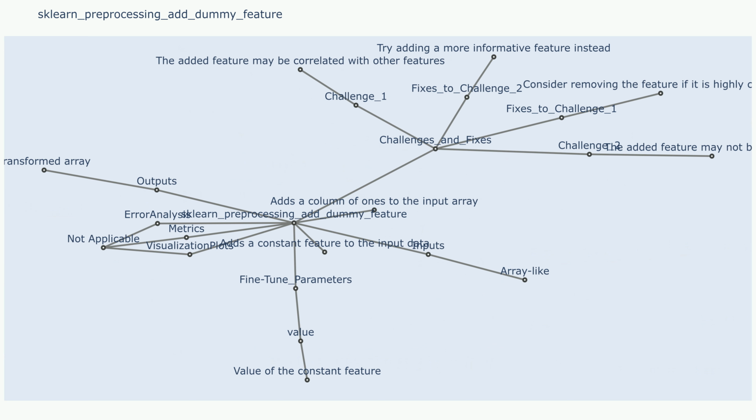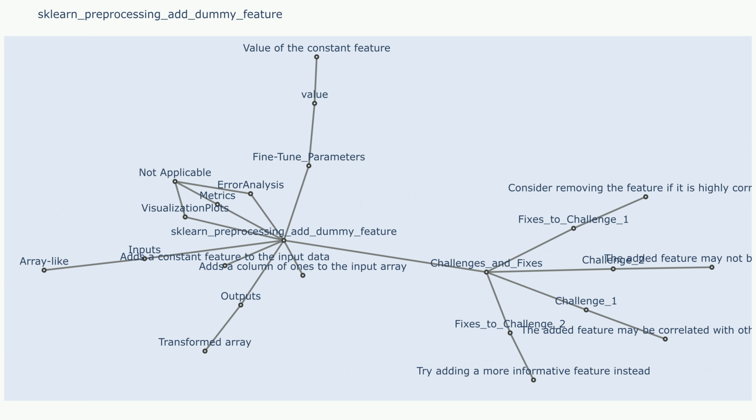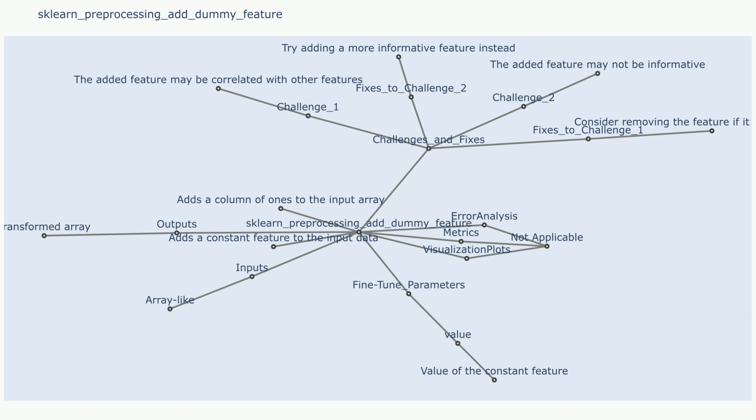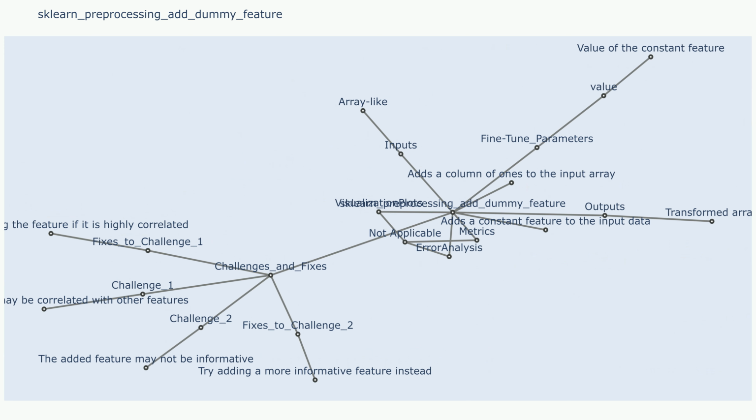Inputs. X. A numpy array or sparse matrix of shape n samples, n features. Value. A constant value to add as the dummy feature. Default is 1.0. Outputs. X out. A numpy array or sparse matrix of shape n samples, n features plus 1. Steps.